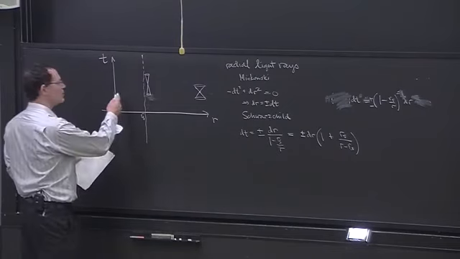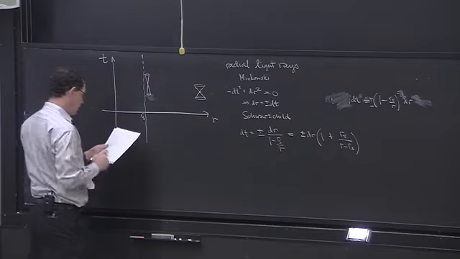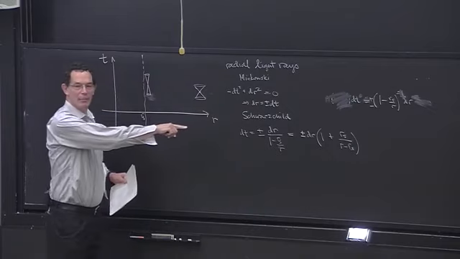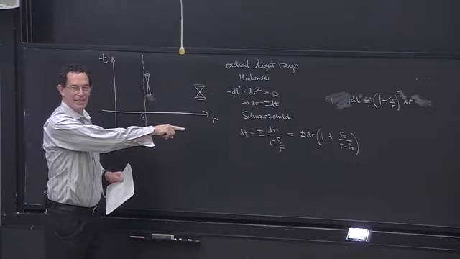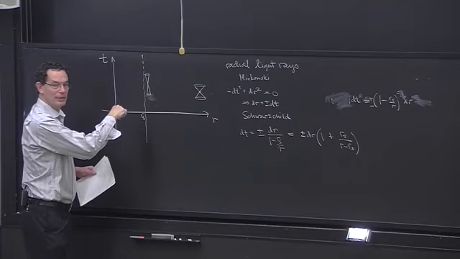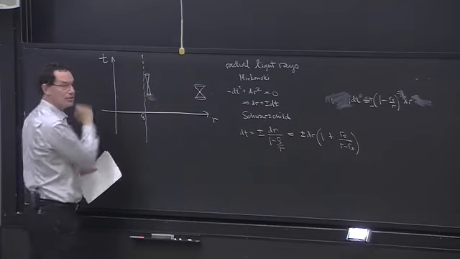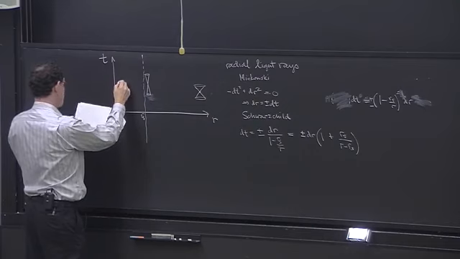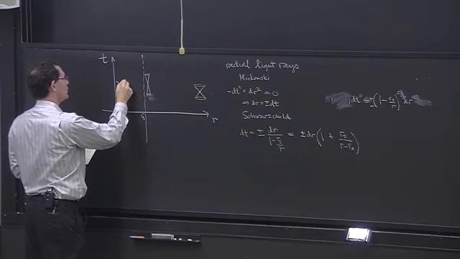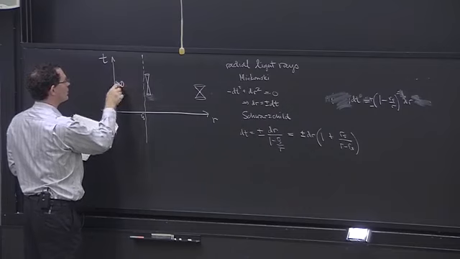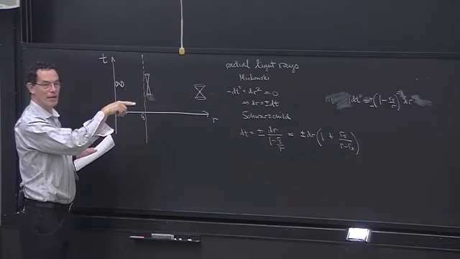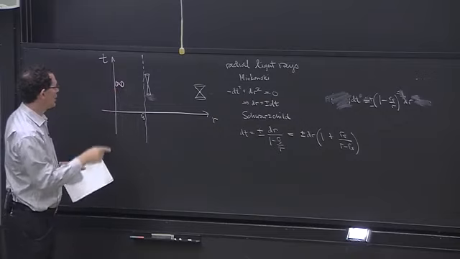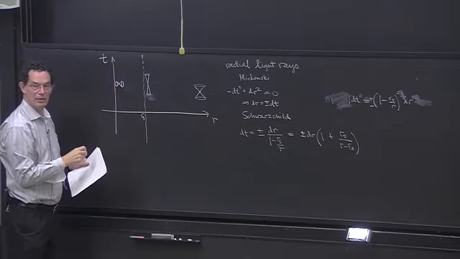Now, conversely, if we start on the inside, if r is less than Rs, you see r is the time, and t is the radius. So when I draw my light cone on the inside, one of the points of the light cone is to distinguish the time-like from the space-like directions. And inside r equals Rs, r is the time-like direction.